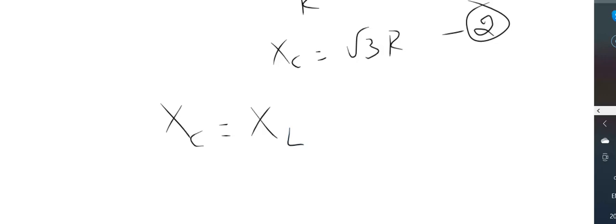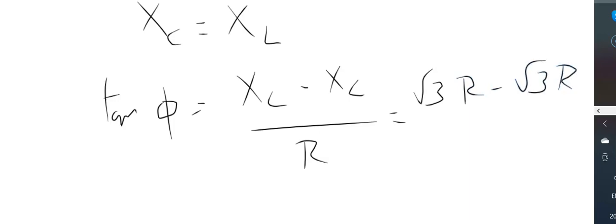So, we know that tan phi is equal to XL minus XC by R, or root 3 R minus root 3 R by R. I am substituting in the place of XL and XC. So this gets cancelled, this becomes 0. Therefore we can infer that phi is equal to 0.